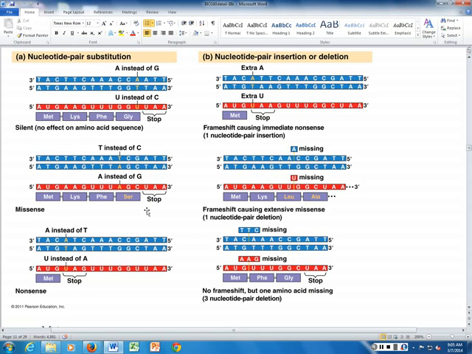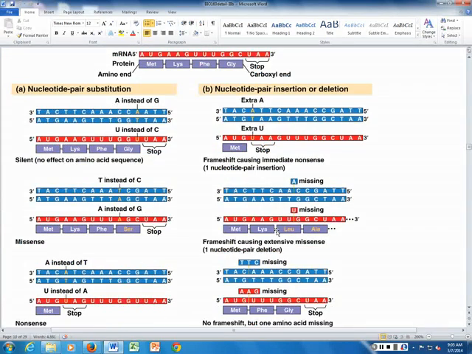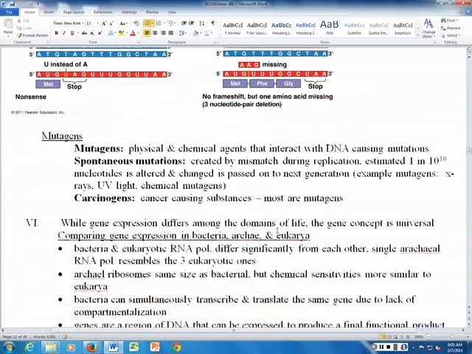If we took out a letter, this U ends up missing. What you're going to read are different codons all the way down the line from there. You've shifted the frame that you read them in, and so those will cause big changes. Usually it's not going to end up being functional at all.